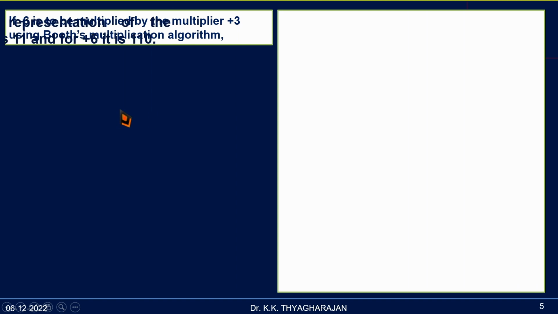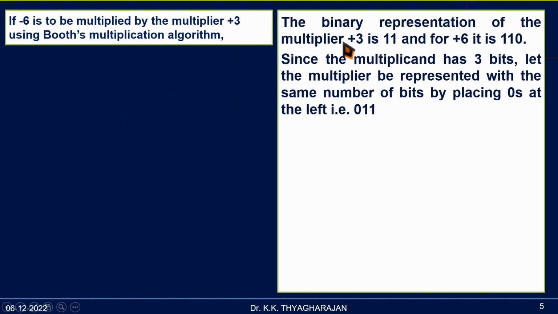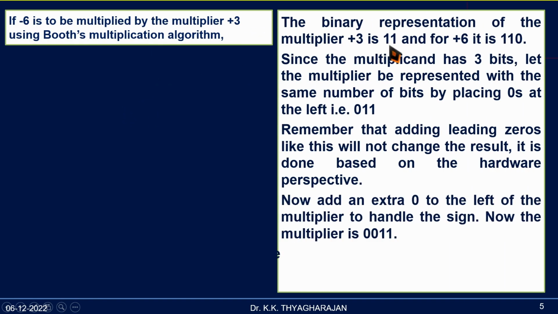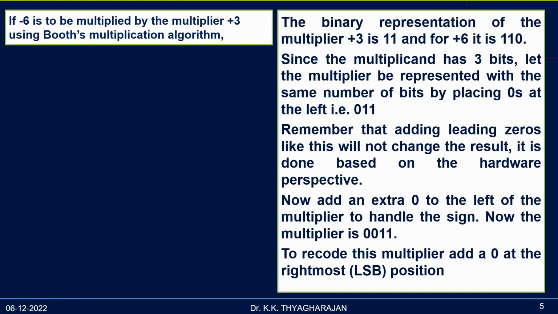Consider the example minus 6 into 3. The binary representation of multiplier 3 is 1, 1, and for plus 6 it is 110. Since the multiplicand has 3 bits, let the multiplier be represented with the same number of bits by placing zeros at the left. Now 3 is 0, 1, 1.